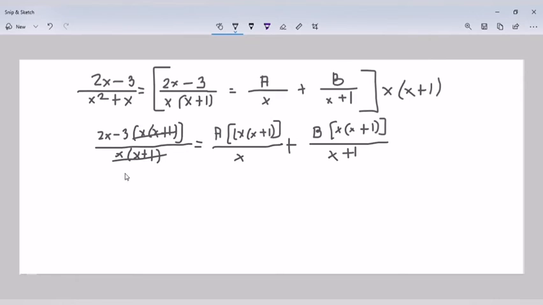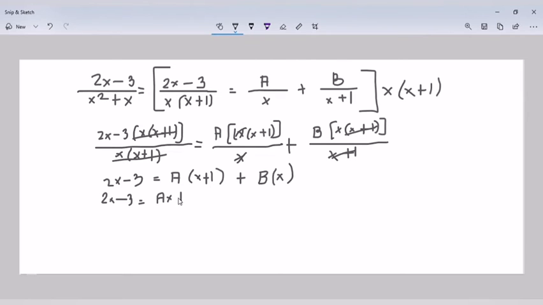And now in here we can clearly see how we can cancel out factors. So we cancel out x times the quantity of x plus 1, then the x in a, and then x times the quantity of x plus 1 in b. So that gives us 2x minus 3 equals a times the quantity of x plus 1 plus b.